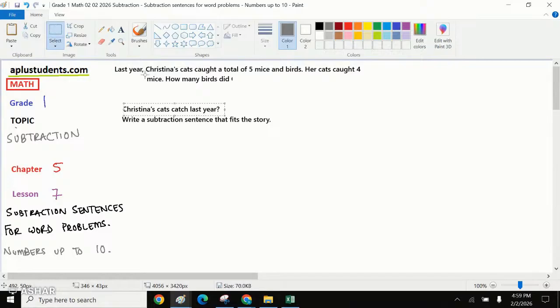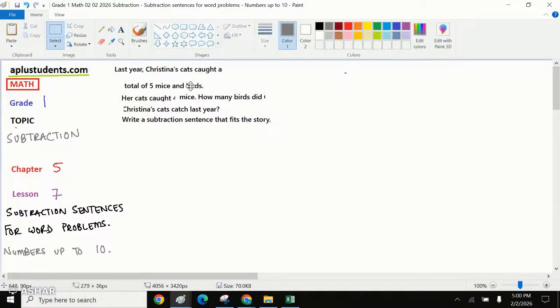Okay, so I'll just align this. Just a moment, please. Okay, this is aligned. I'm doing this so that we have more space and it's more visible for us.